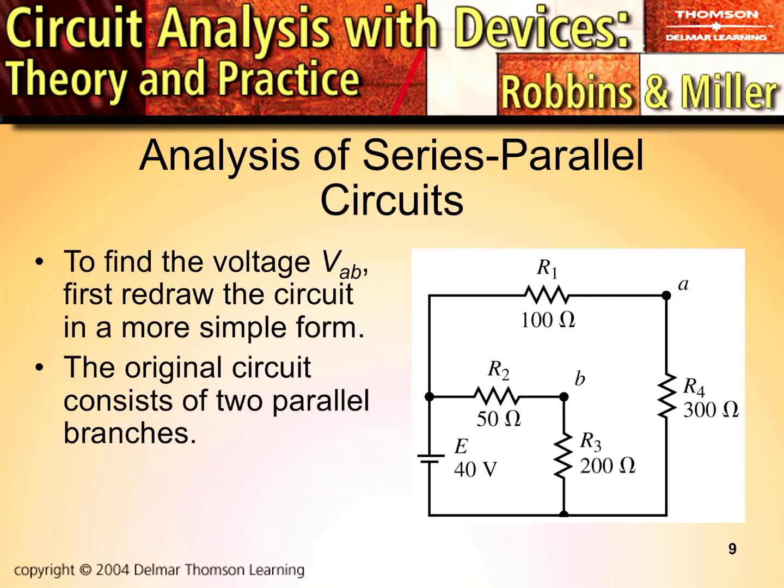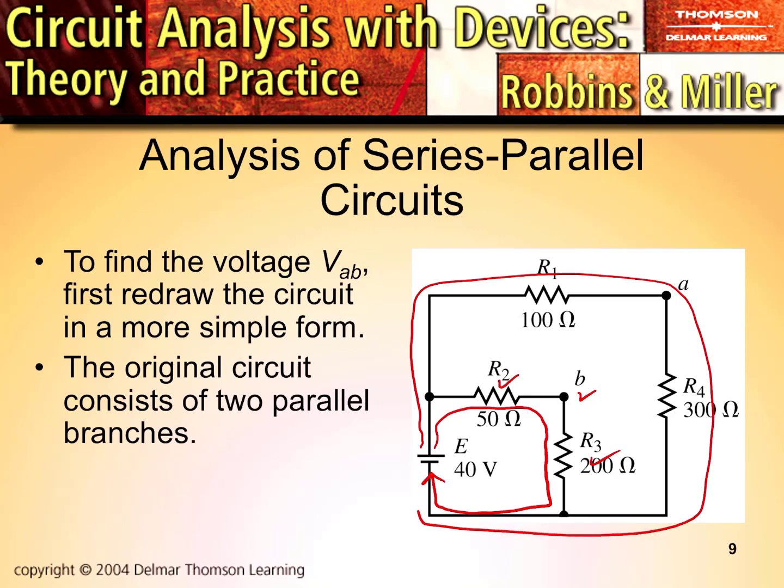So what's our process for redrawing? Well, I always say take your first path for current to flow and label all loads within the path for current. That means you'd be labeling R2 and R3, but you'd also be labeling this point B. Then you need to move on to your next branch for current to flow and follow it back to this point here where you're returning to the source.